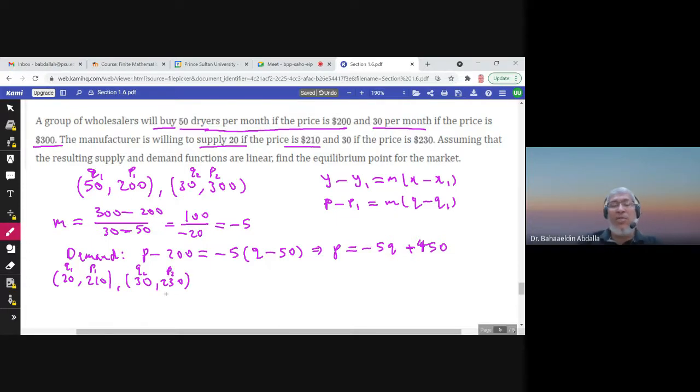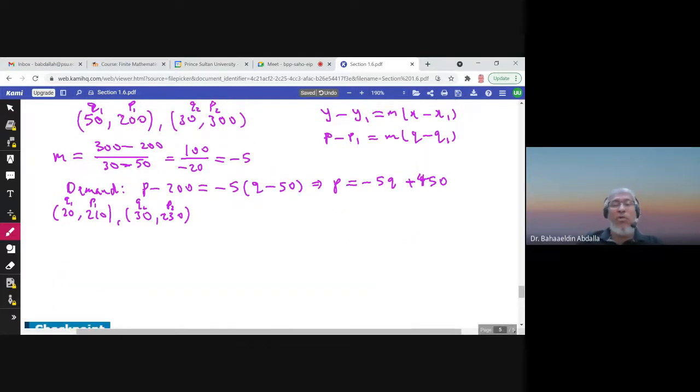These are 2 points on the supply function. So to find the supply function, we do the same. We find the slope. The slope is 230 minus 210 over 30 minus 20. This is 20 over 10, so that's 2.